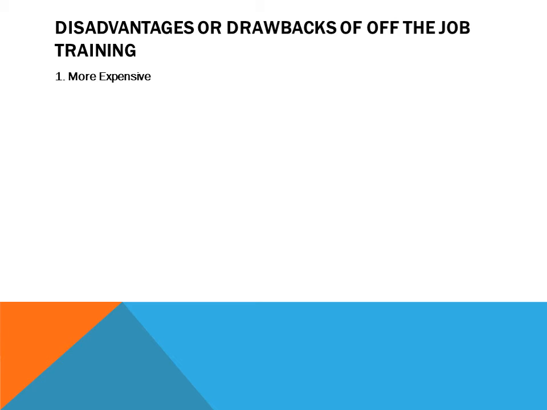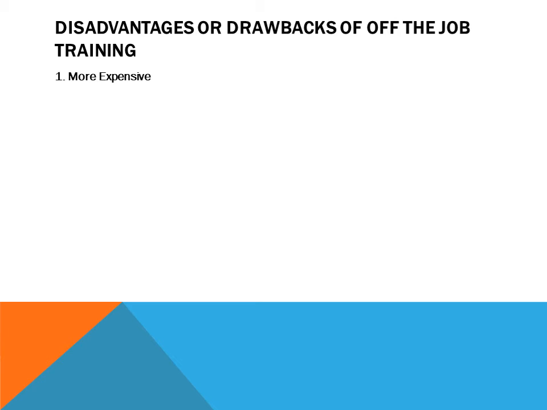The only benefit you get is the knowledge of the trainees. If they become skilled workers, then it's a benefit. Suppose they fail to acquire the job knowledge in the classroom training, again it's a loss for the company.